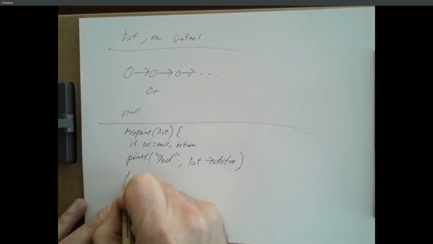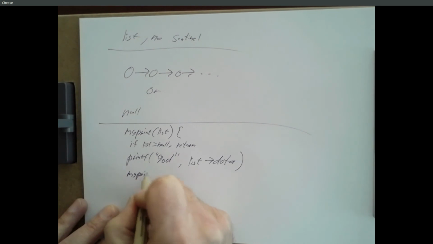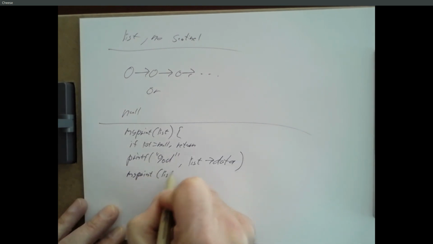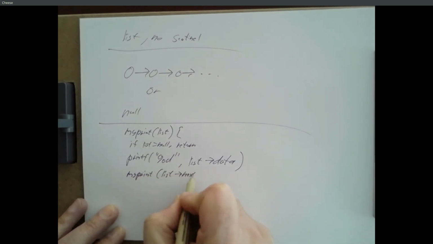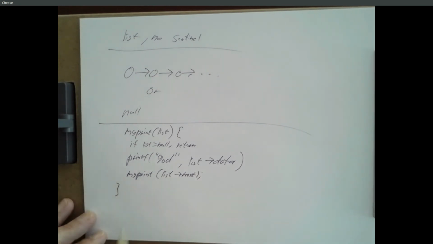Hey, can you print out the rest of this list for me? Get your friend to print out the remainder of the list, and you're finished. So there's a 3-line print function for a list.